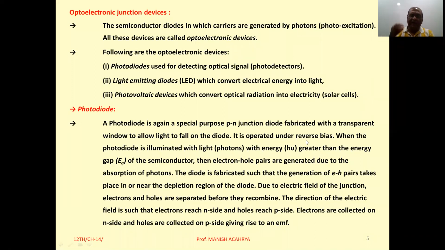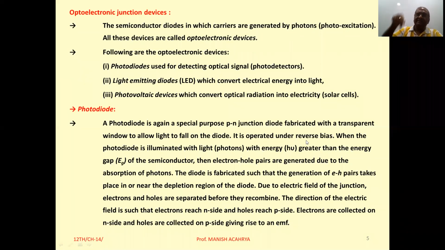Okay. Now when that particular diode is illuminated with light, that is nothing but a bunch of photons, and we know if the light has frequency equal to f, then the energy of the photons, that is E, equals hf.